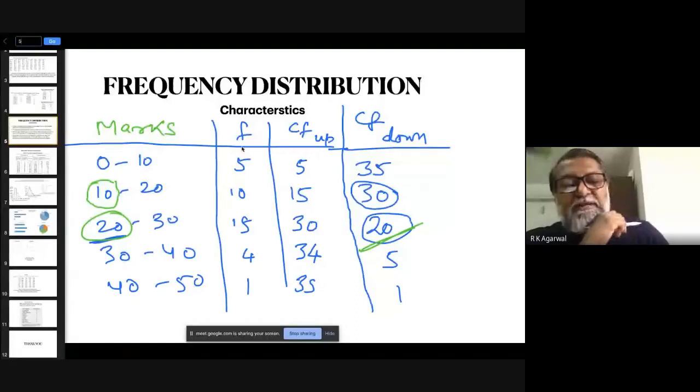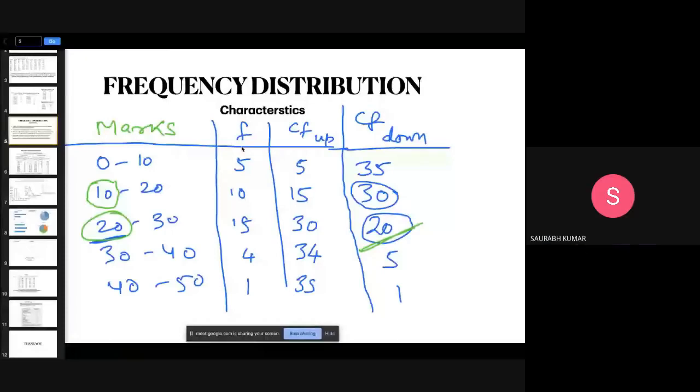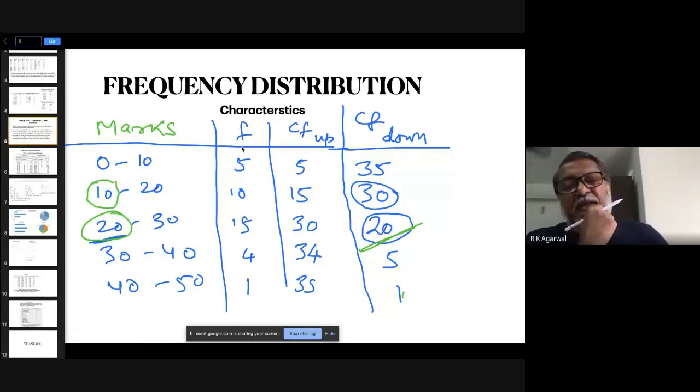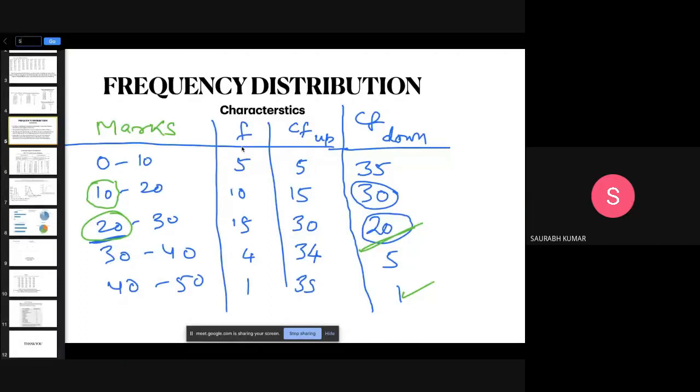How many students have marks either equal to 40 or more than 40? Only one student has marks equal to 40 or more than 40. How many students have marks below 40? 34.